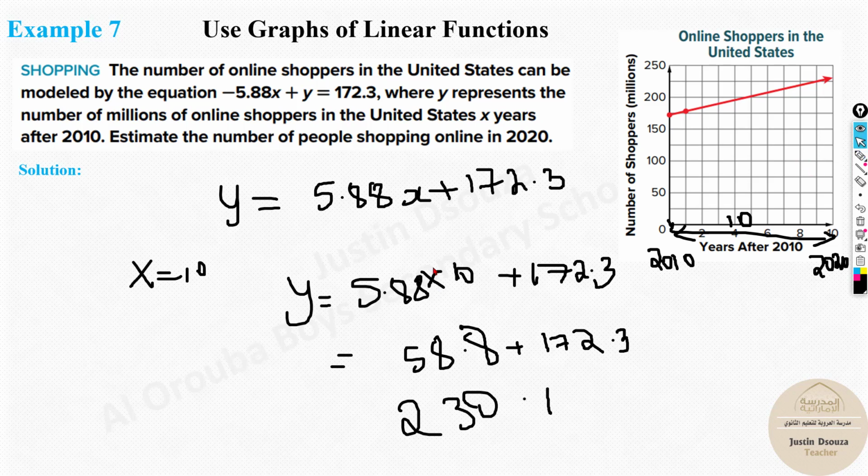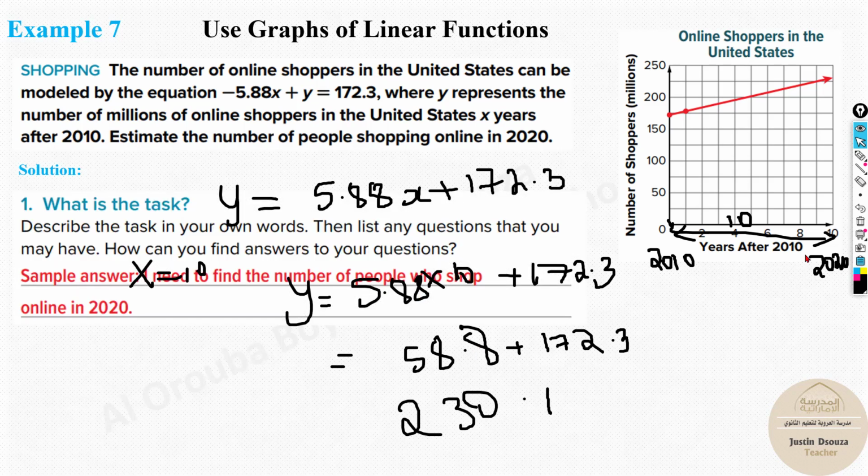So that would be the answer. So the number of online shoppers in 2020 would reach 230.1 million. So in 2010 it was 172.3, but it'll jump to 230.1 based on this particular increase, the slope of 5.88 million per year. So that is the answer.